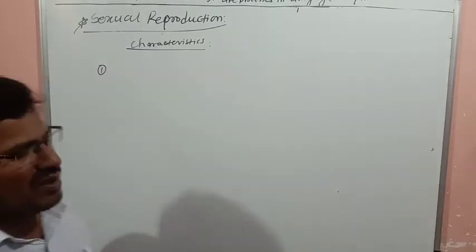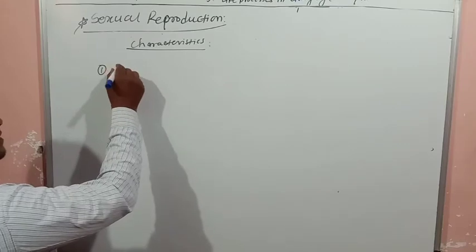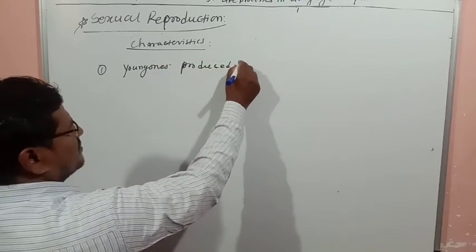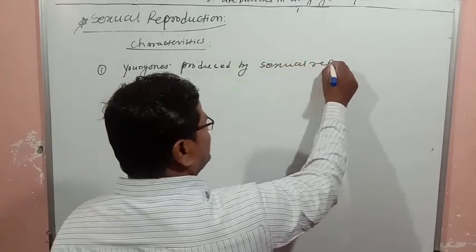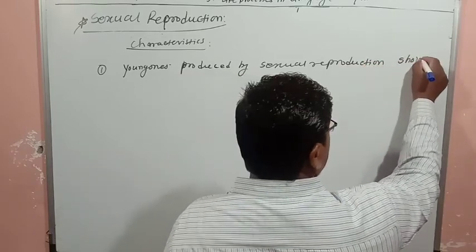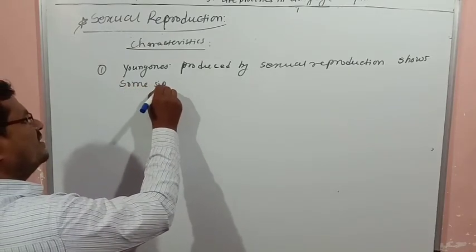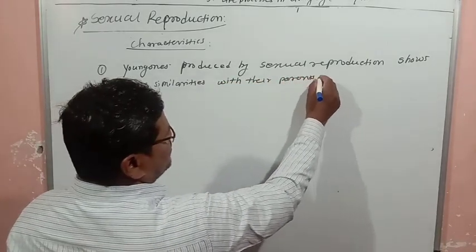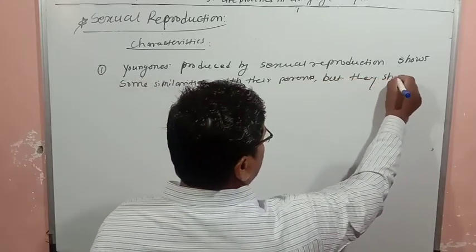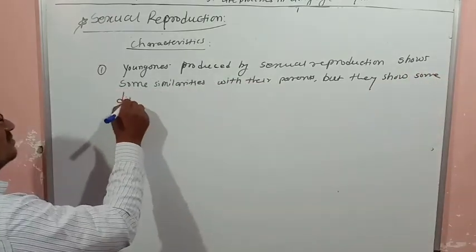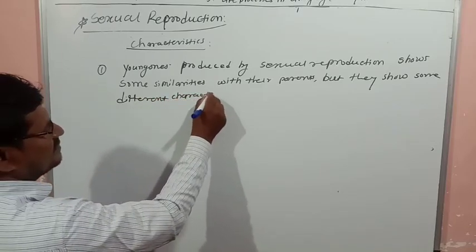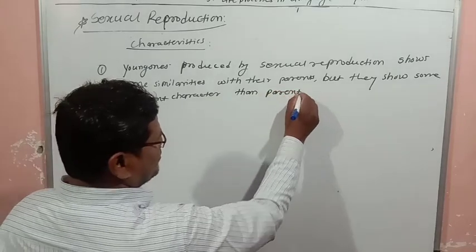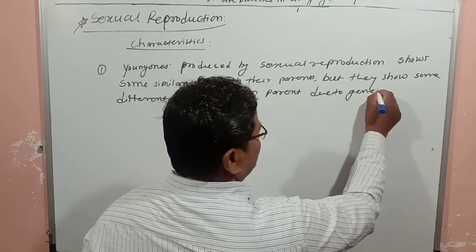In sexual reproduction, the first thing is that young ones produced by sexual reproduction show some similarities with their parents, but they show some different characters due to genetic recombination.